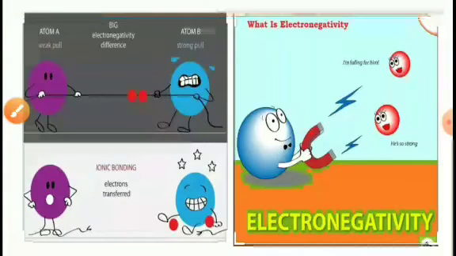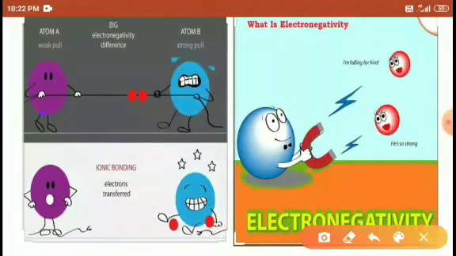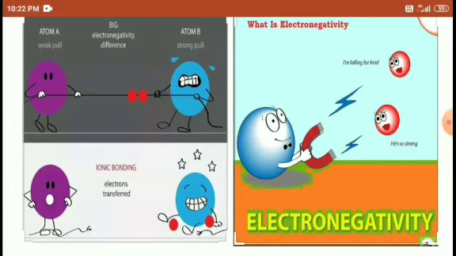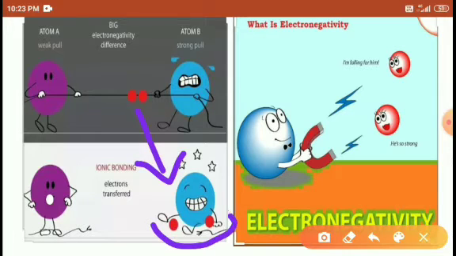So the pair of electrons moves towards the species which has high electronegativity, right? Look here: there are two atoms, atom A and atom B, and this is the pair of electrons. Here atom B is more energetic compared to atom A, so the pair of electrons is completely transferred, and finally one atom got the two electrons.